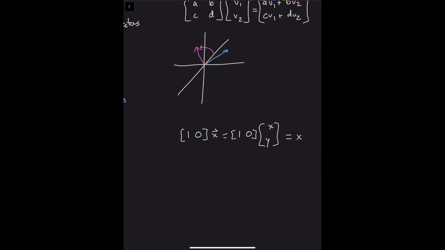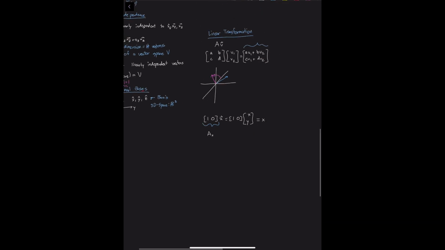So you can call this a sub x, and this matrix will only give you the x coordinate.